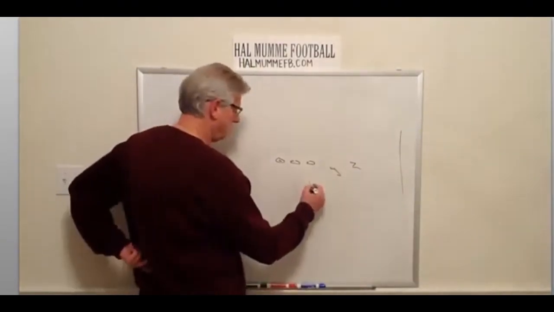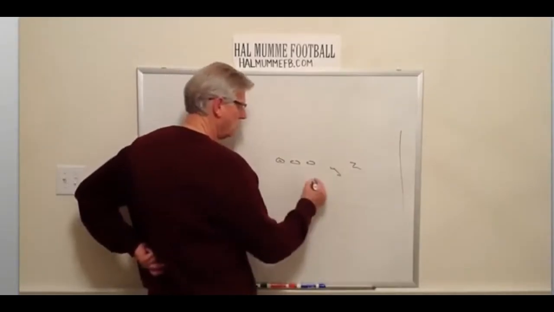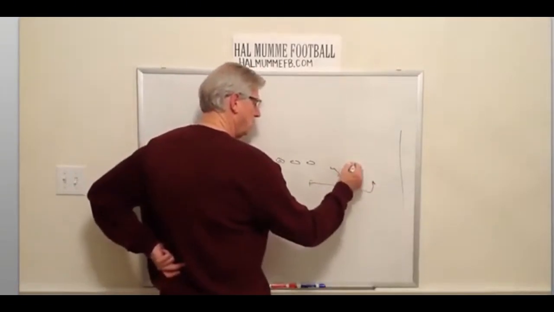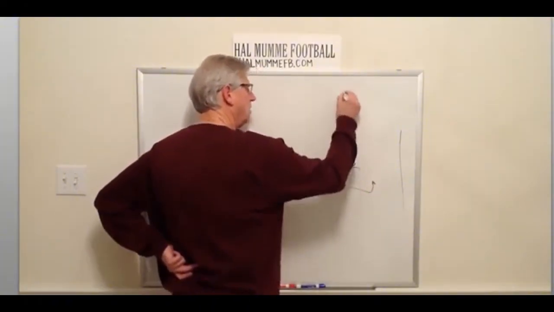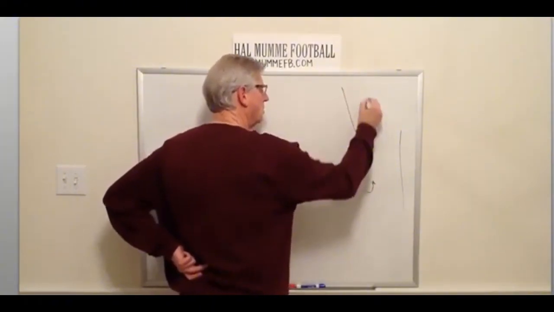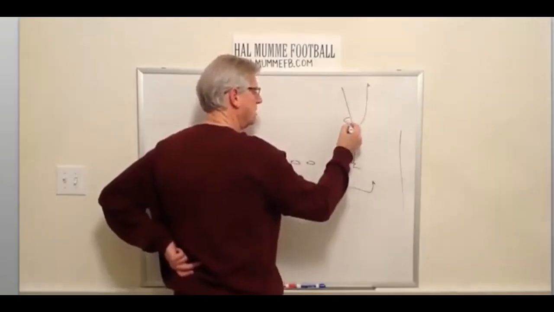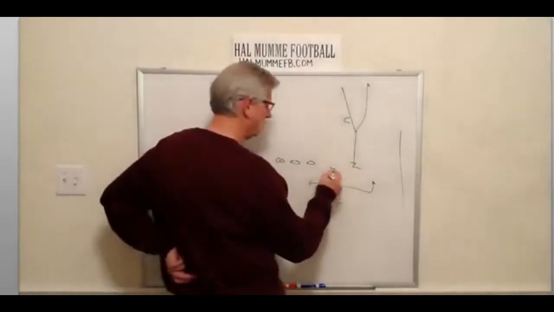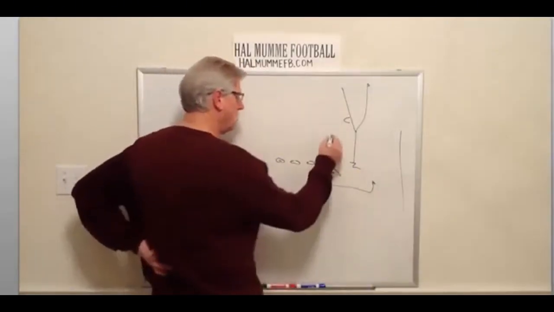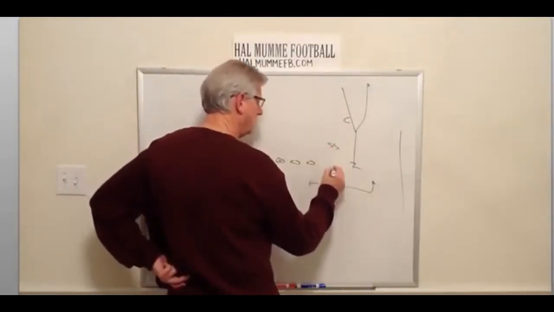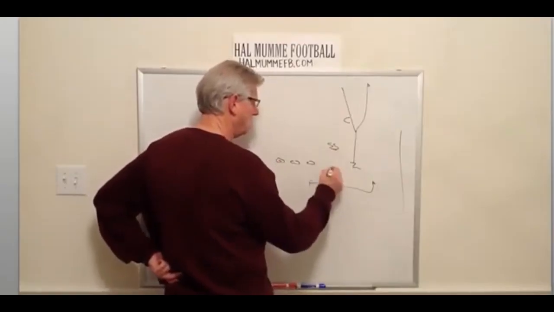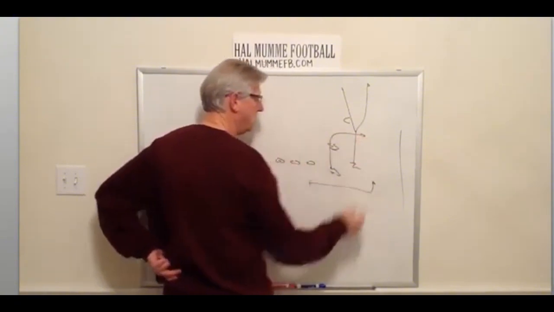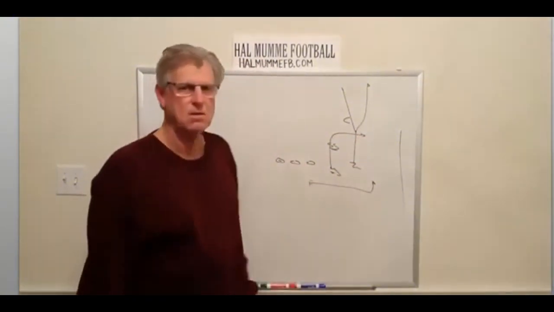And the way we ran that in the air raid was we were going to have a flat player. We were going to have a deep player who ran a post or an up, and that was based on this guy's coverage. And then we were going to take the inside receiver, which is usually our Y, and no matter where that guy was, we were going to get to 10 yards and turn out and speed cut out.